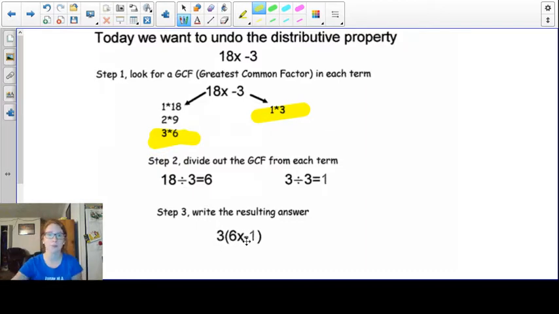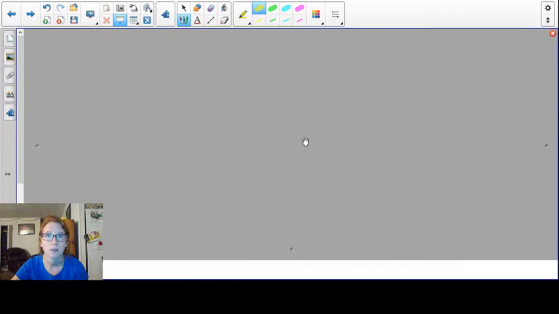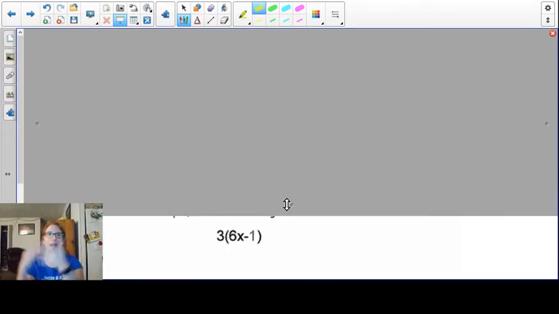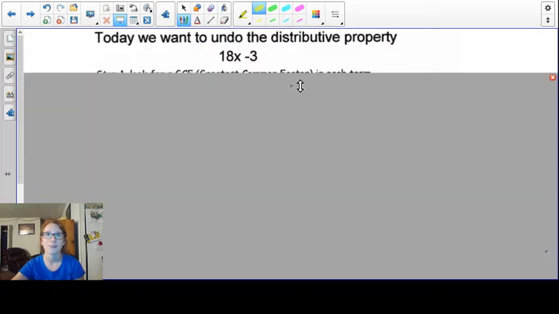So typically we're used to seeing this part and being asked to multiply. Now we're going to see this and be asked to find it.